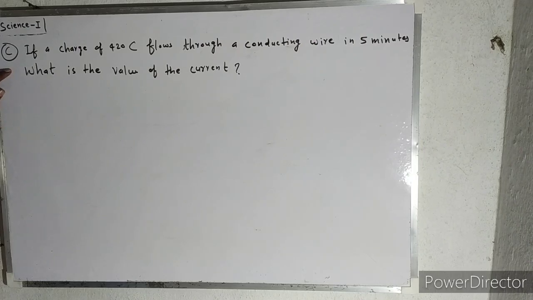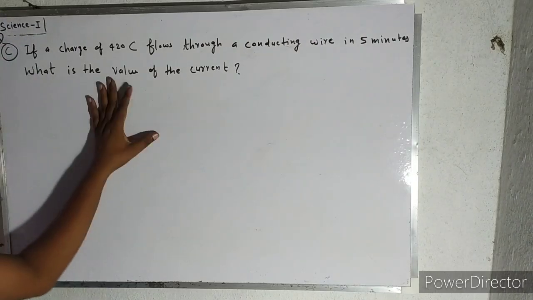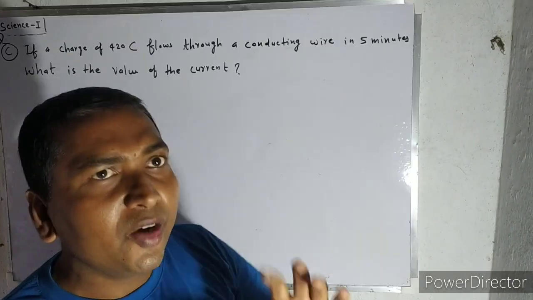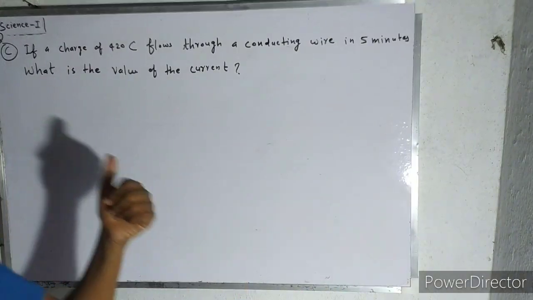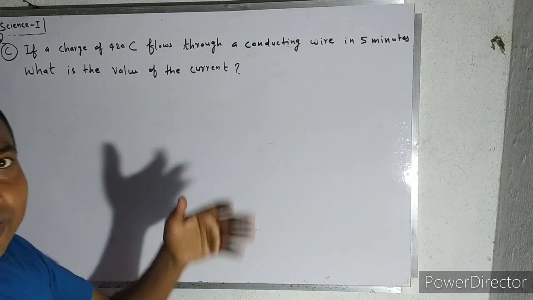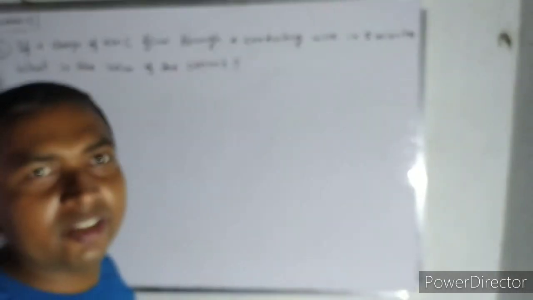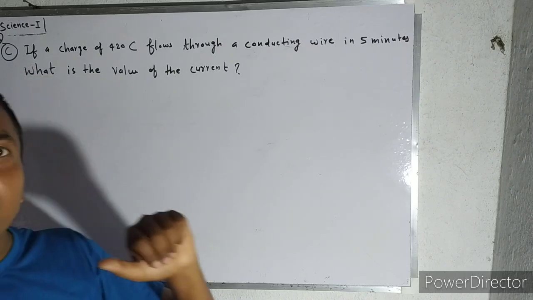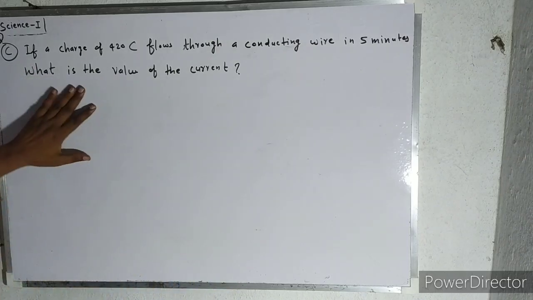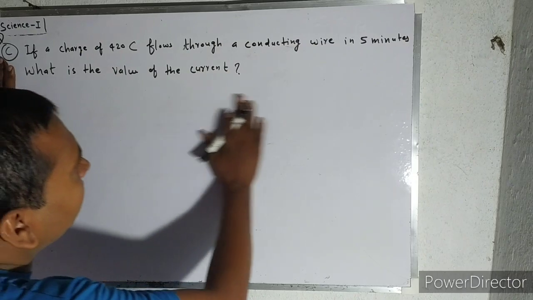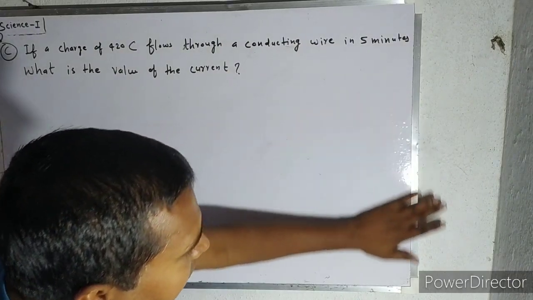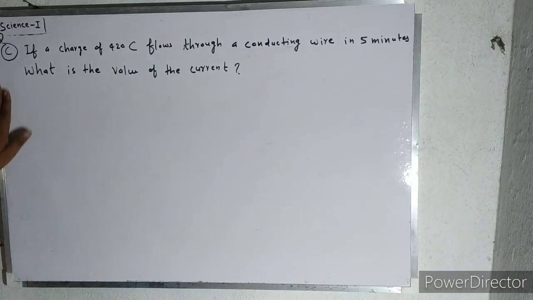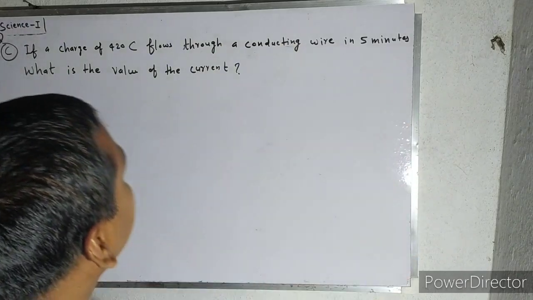Now this is question number 9C. We will do 9th B later, after these numericals. Half part I will do of question number 9th B, because there is mathematical calculation in it. So first of all, I am explaining question number 9C. The length of the video is increasing continuously.